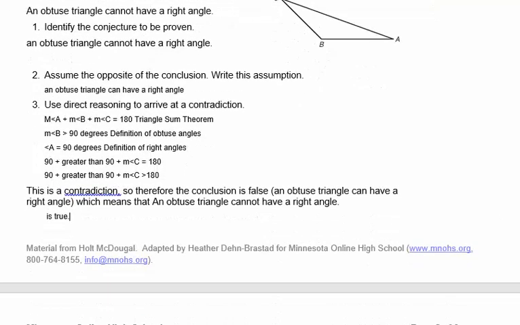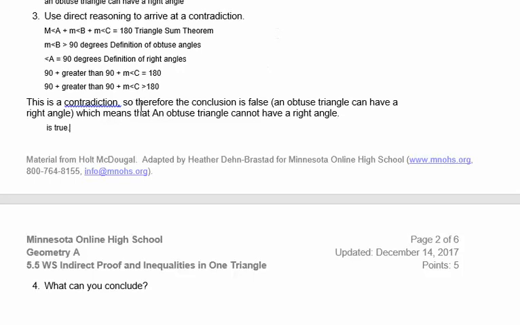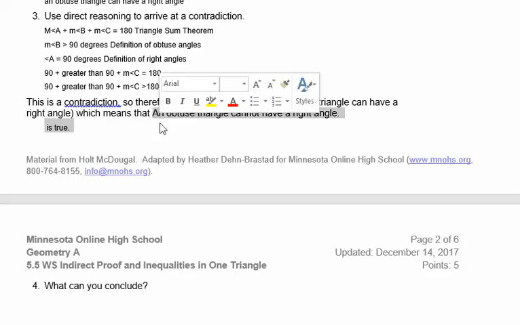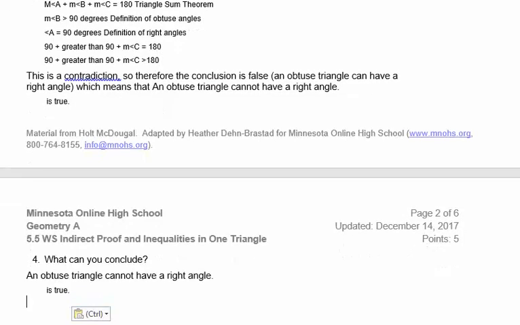And I think there might have been a step 4 where I was supposed to write that. I'll write it down here again. The statement, an obtuse triangle cannot have a right angle, is true.